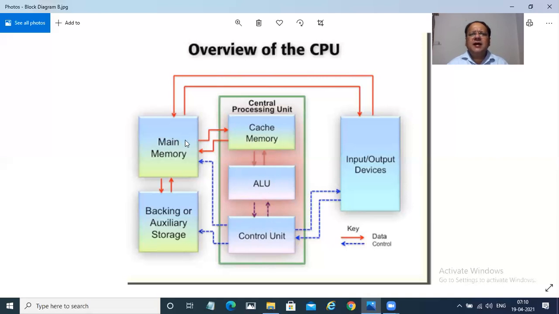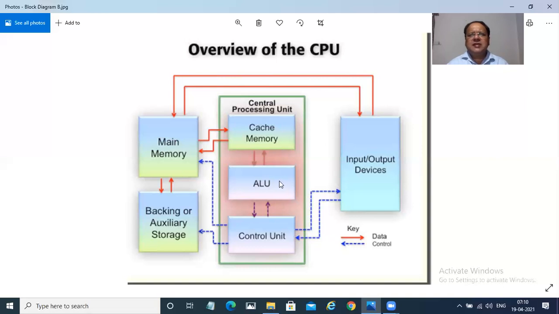Once the data is entered from here into this memory, then the control decides whether this data has to be sent to your backup memory in the form of auxiliary storage, that is, the hard disk, DVD, or floppy disk, or whether it needs to be transferred back to the RAM and ROM, which is the primary memory, or to the input, or from the output device.